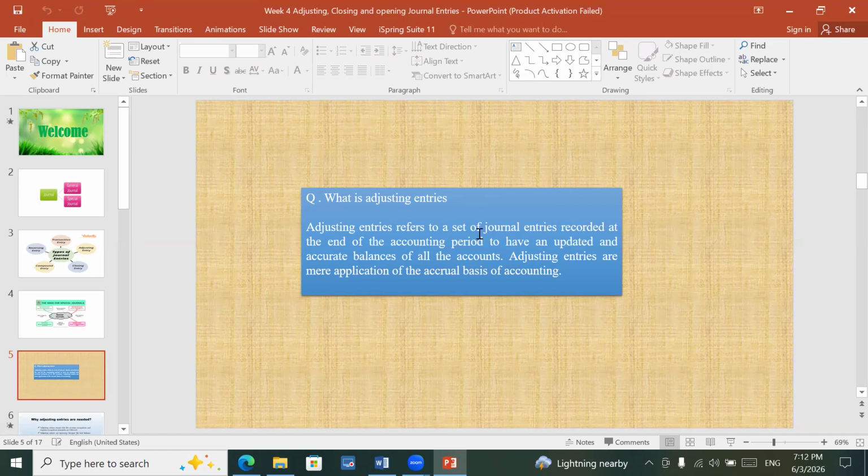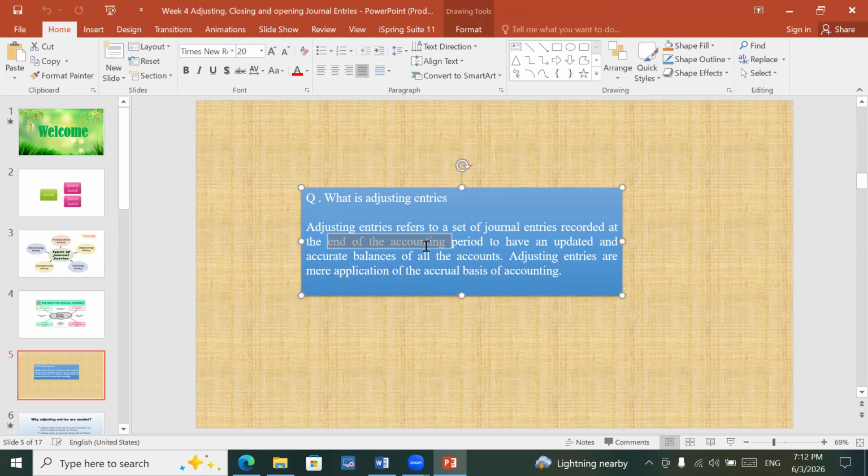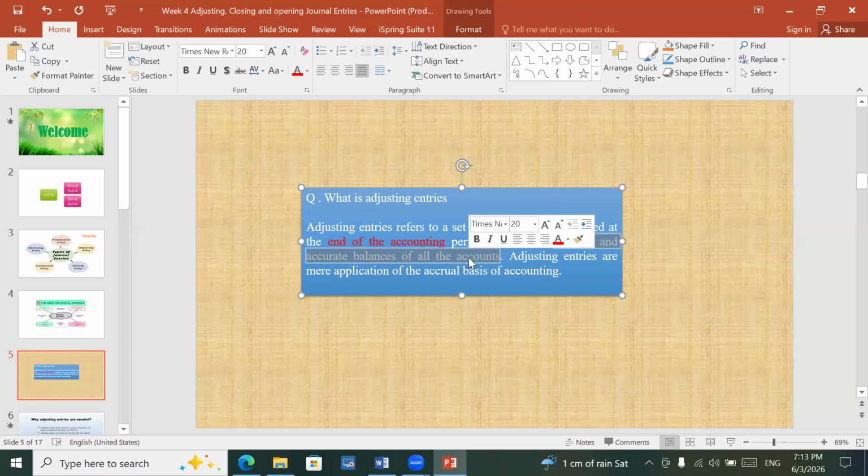Adjusting entries refer to a set of journal entries recorded at the end of the accounting period. This is the crucial point. At the end of the accounting period, these journals need to be posted. Another purpose is to update the accuracy of the balance of all accounts, to know the updated trial balance.